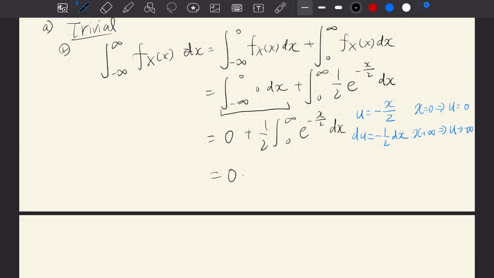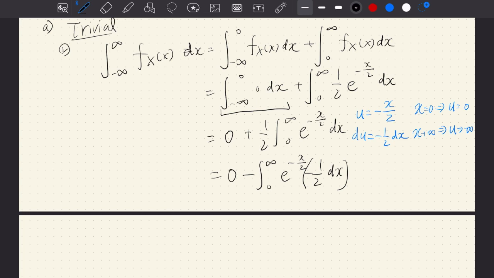So we have 0 minus 0. Okay, so within the differential, we need negative 1/2 dx. So we move the 1/2 back in and give a negative sign in the front so that we have negative 1/2 within the integral.